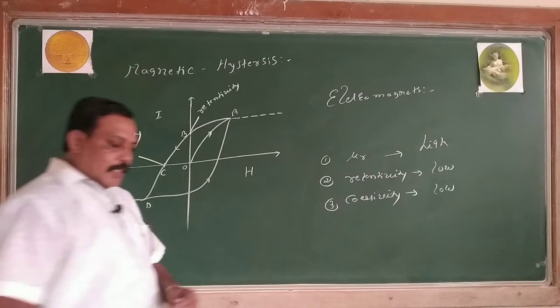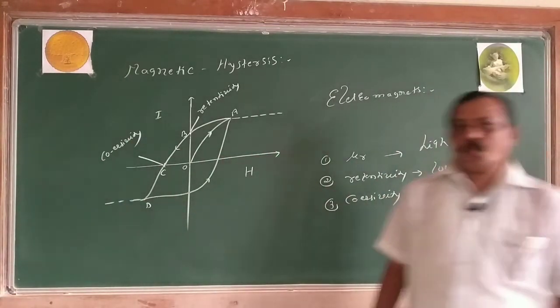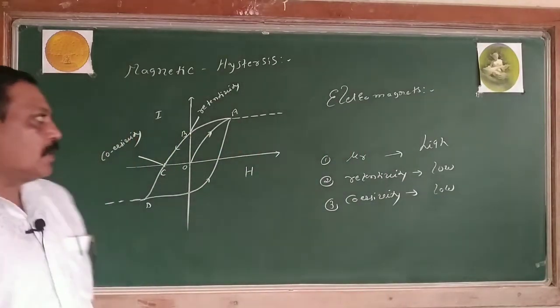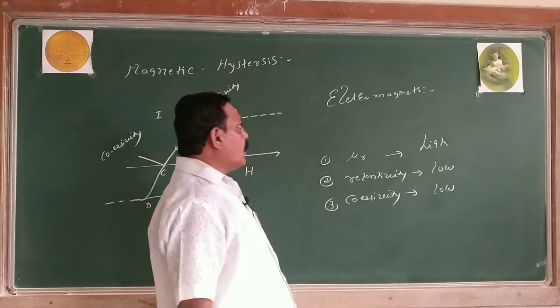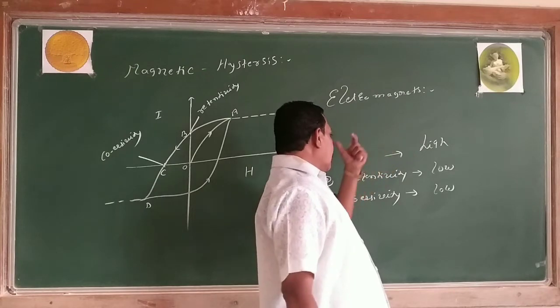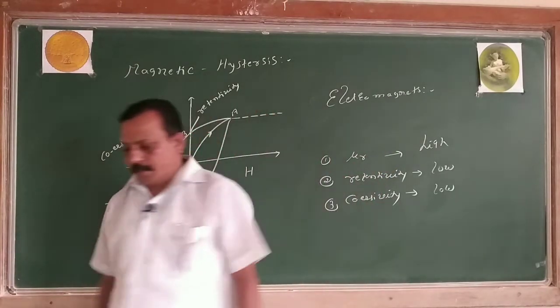How to get the electromagnet? A soft iron rod is placed in the core of the solenoid. To have the permanent magnet, the material must possess high permeability, high retentivity and high coercivity. For the electromagnet, the material should possess high permeability, and the remaining two, retentivity and coercivity, low.